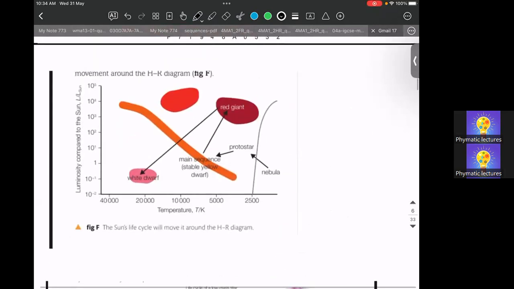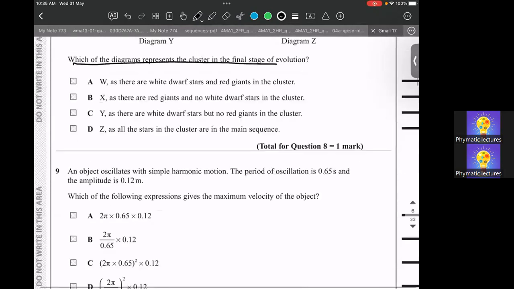So see the figure. It starts from nebula, protostar, main sequence, then red giant, and finally, in the final phase, there is no red giant, only white dwarf.